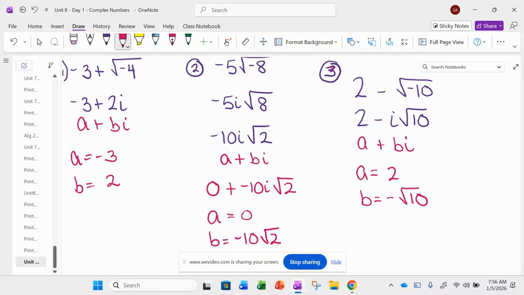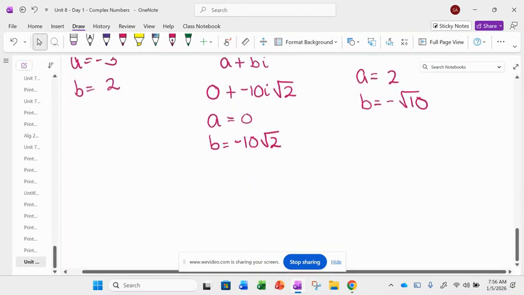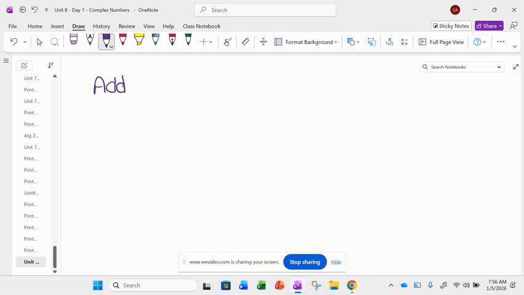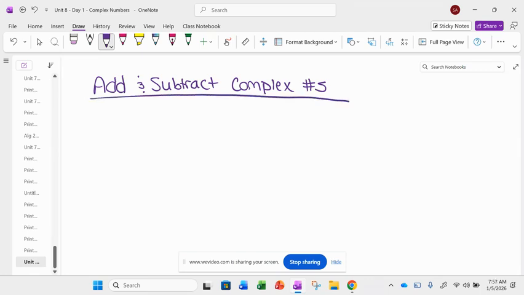Okay, now let's talk about adding and subtracting complex numbers. So again, my directions are to simplify.